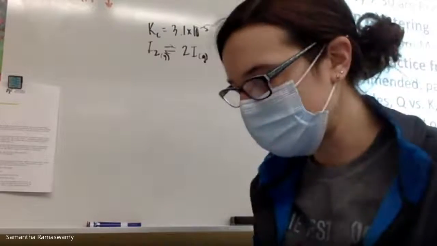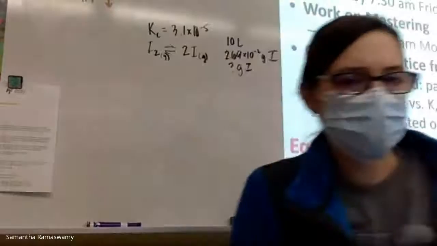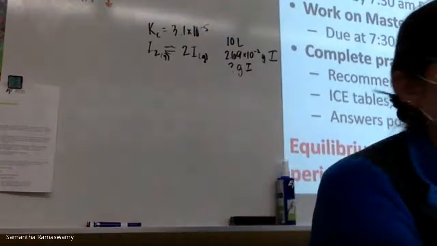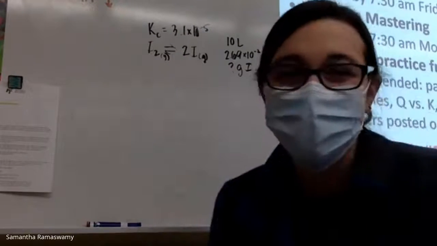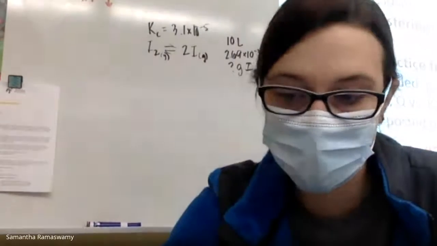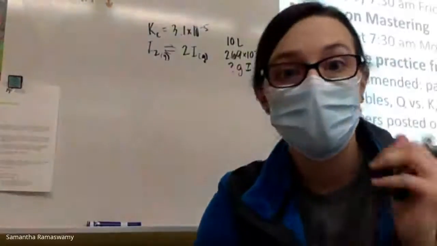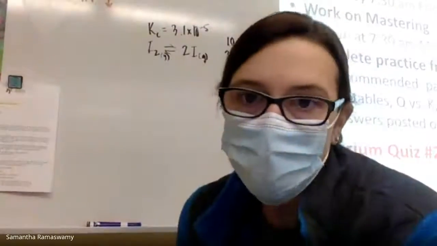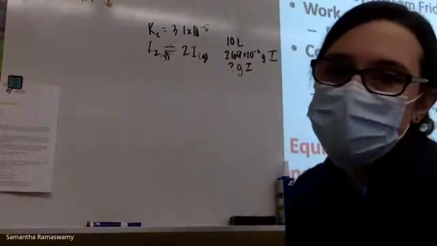Okay, so like I had said, this is similar to, I think it was example 14 that we did. And there's a video on example 14 if you need to look back at that at all. So when we look at this, they give us the Kc expression.